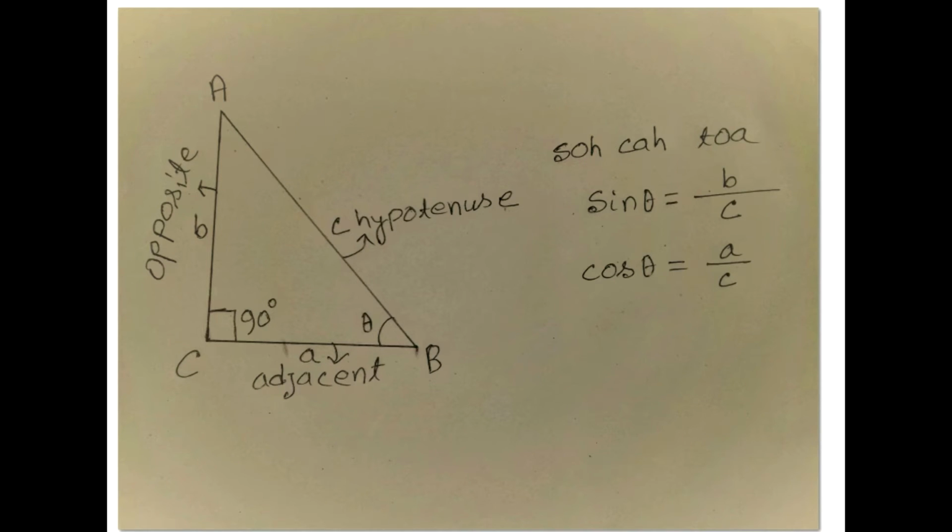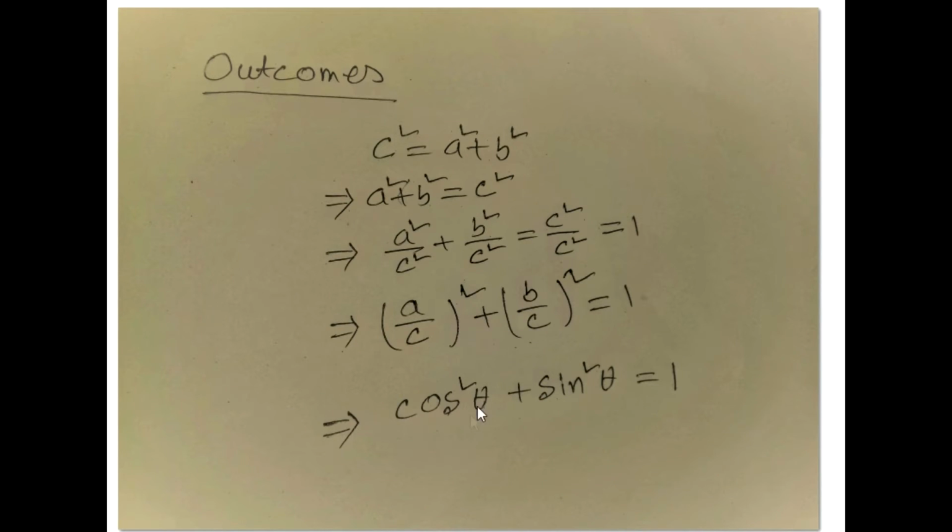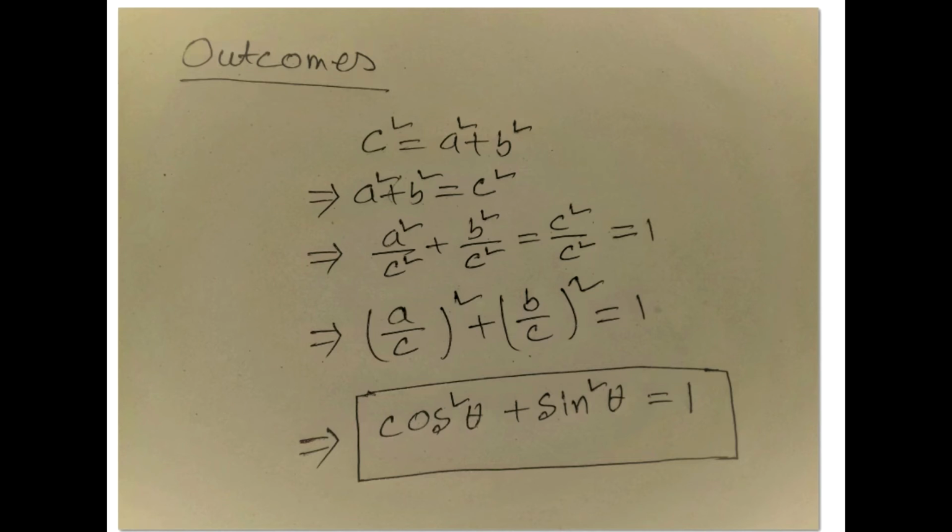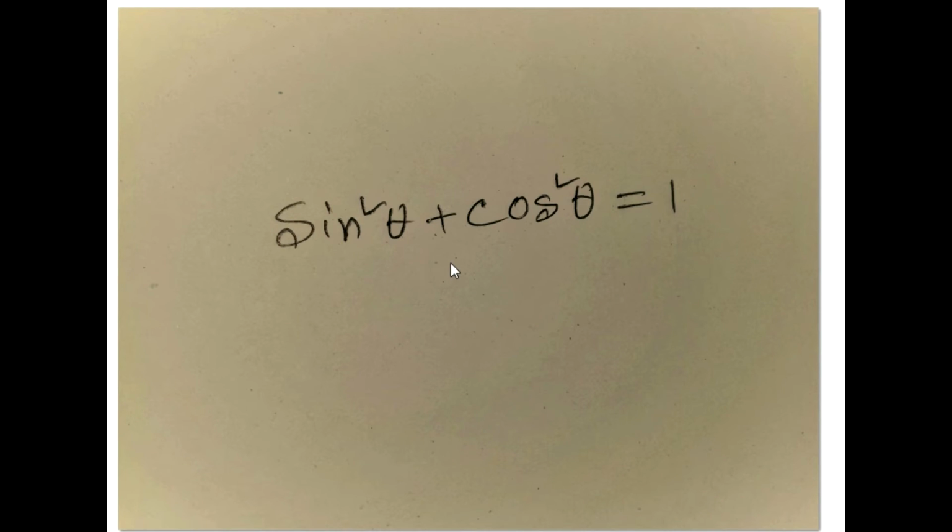We put this result in this form, so we get cos squared theta plus sin squared theta is equal to 1. This is the first and most important outcome. We can also write it as sin squared theta plus cos squared theta equals 1, the first outcome.